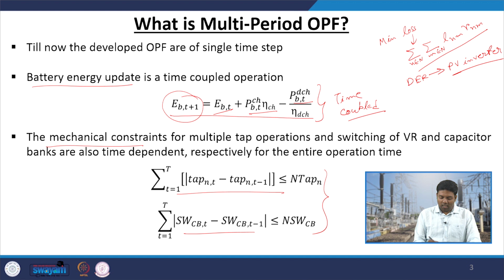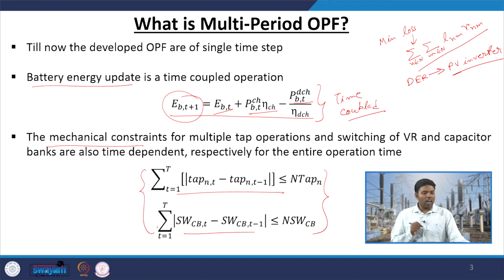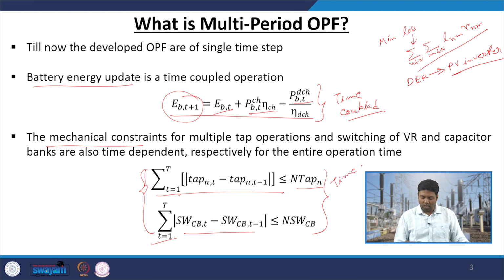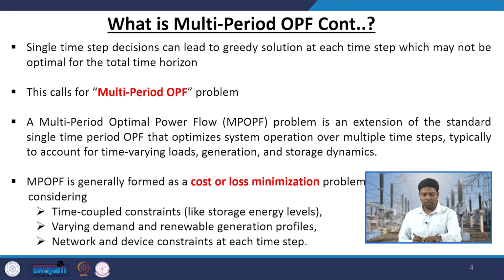That equation also has the total time period terms. That means the total tap changing should be a summation over t. So, this is also a total horizon time coupled constraint. So, if you take battery or voltage regulator or capacitor bank, you will get constraints which are not time independent. You will get constraints which are time dependent.